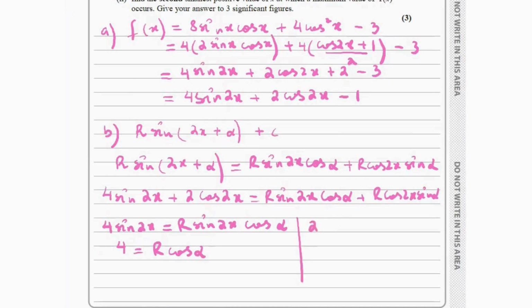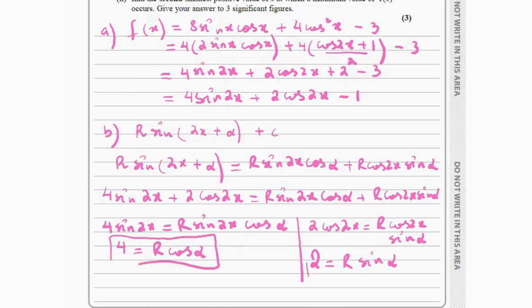Similarly, 2 cos 2x equals r cos 2x times sine alpha, which means 2 equals r times sine alpha. We have these two equations which we're going to use in the next step.